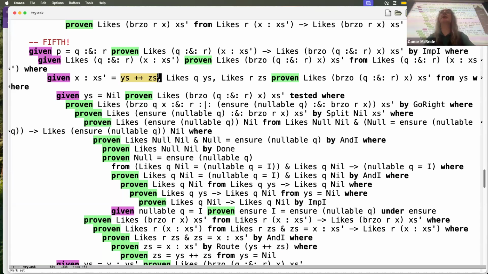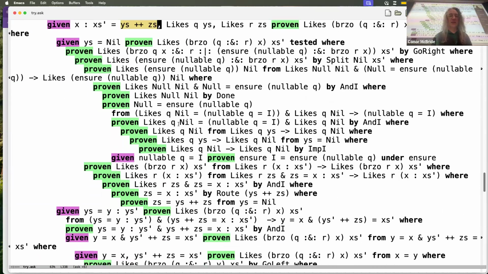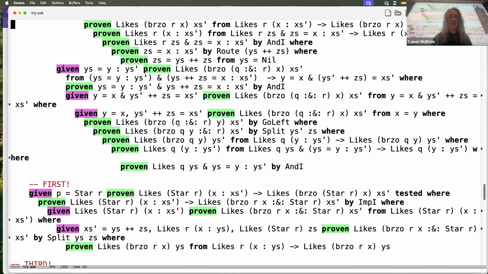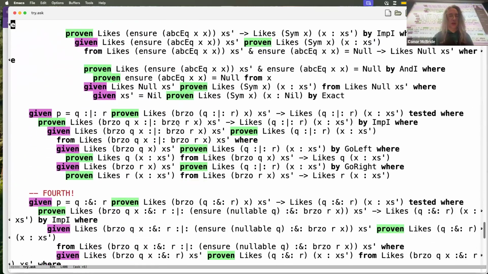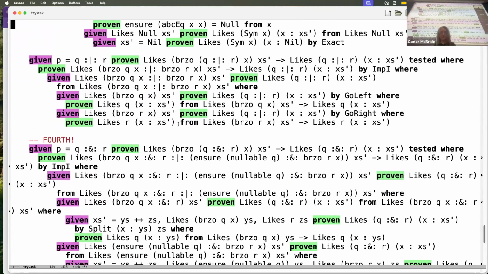If Y's is empty, then R at the input and Q at nothing. If Y's is non-empty, then the Q at the input and the Brzozowski derivative gives you the rest of the Q. So it's lots of list hacking. It's sort of a bit scrappy, but conceptually not too intimidating, I hope. Yeah, same logic goes both ways.